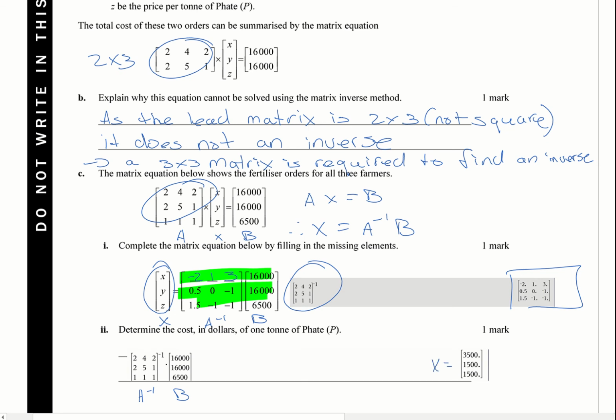What corresponds to this is your X, Y, Z, and what we wanted, P, was Z, so that's this one here. So determine the cost in dollars of 1 ton of P. You're solving for that one there, so your answer is going to be $1,500. And that's how you would answer that question.